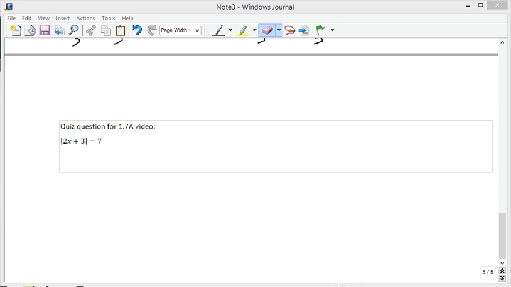Here is the quiz question for 1.7a. Write it down, figure it out, and enter it into Canvas. This one won't be in interval notation, it'll be in set notation.